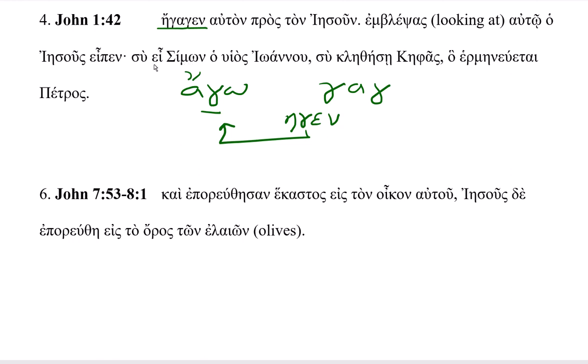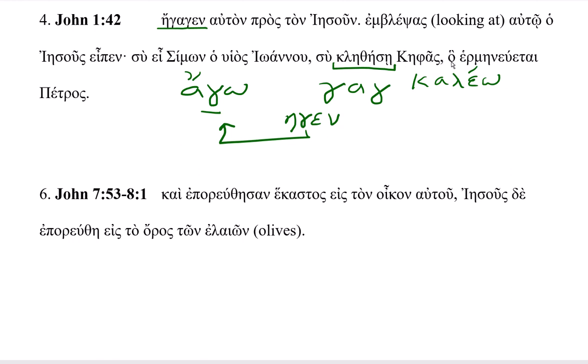So this is just a nice present active indicative of eimi. You are Simon, ho huios Ioannou, the son of John. Su klethese, and here is our future tense verb, passive, of kaleo. You will be called Kephas, a rock.